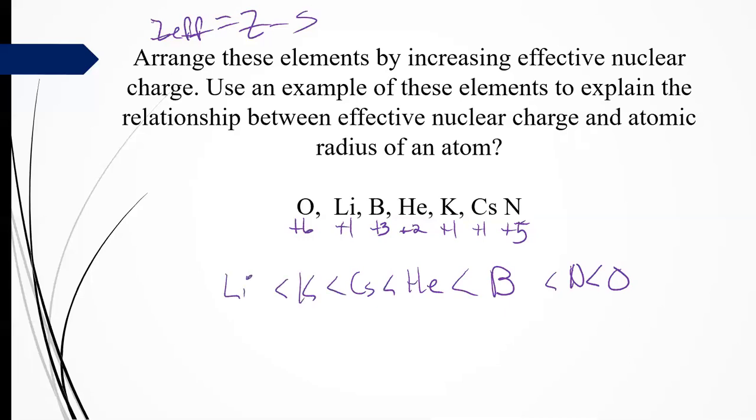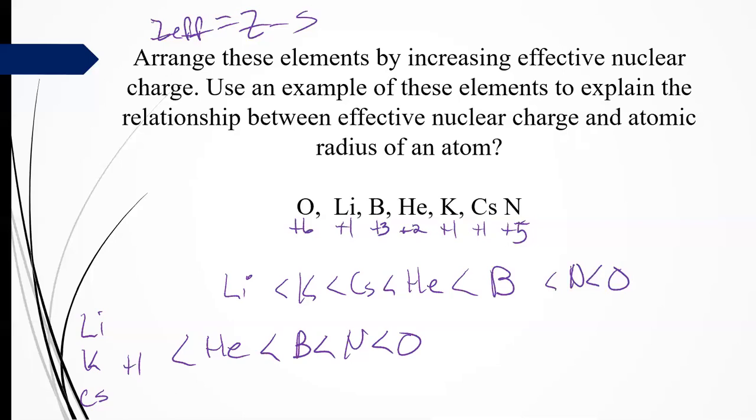We could also think of it as lithium, potassium, and cesium all being plus 1, helium plus 2, boron plus 3, nitrogen plus 5, oxygen plus 6. And within that column of lithium, potassium, and cesium, cesium is a little bit higher than potassium, which is a little bit higher than lithium.